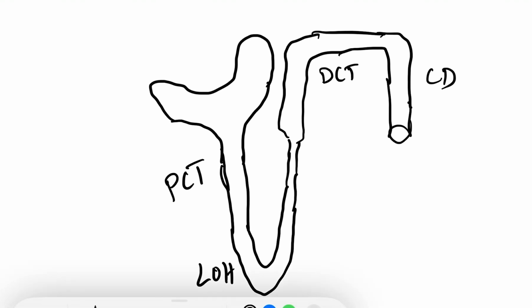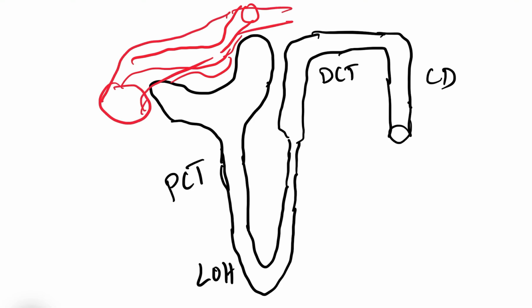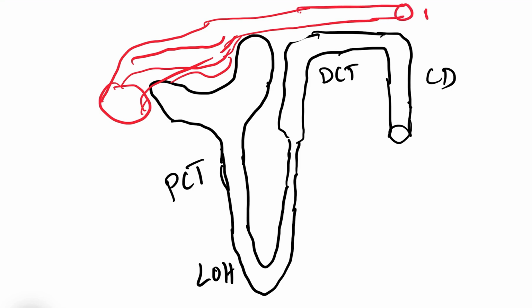Now the important structure here is the blood vessels, which form the glomerular capillaries, the glomerulus. The glomerulus has an afferent arteriole, from where the blood is coming. Let me draw this bigger. This is the afferent arteriole, a continuation from the various branches of the renal artery, which subdivide into many structures, and finally the afferent arteriole brings the blood.